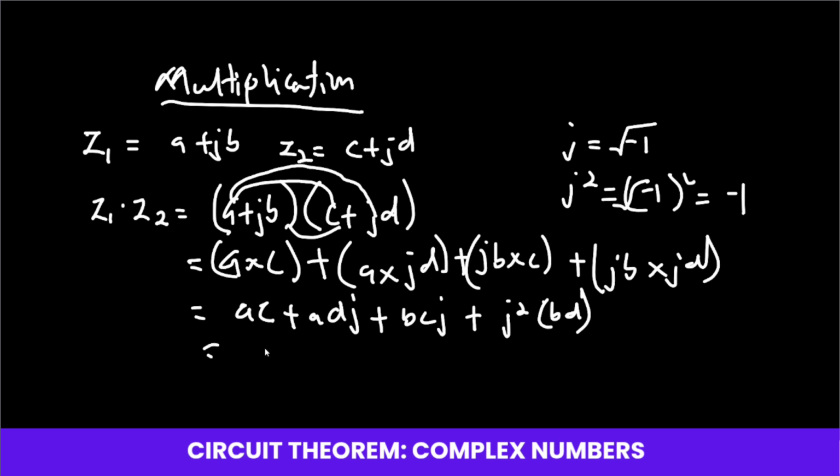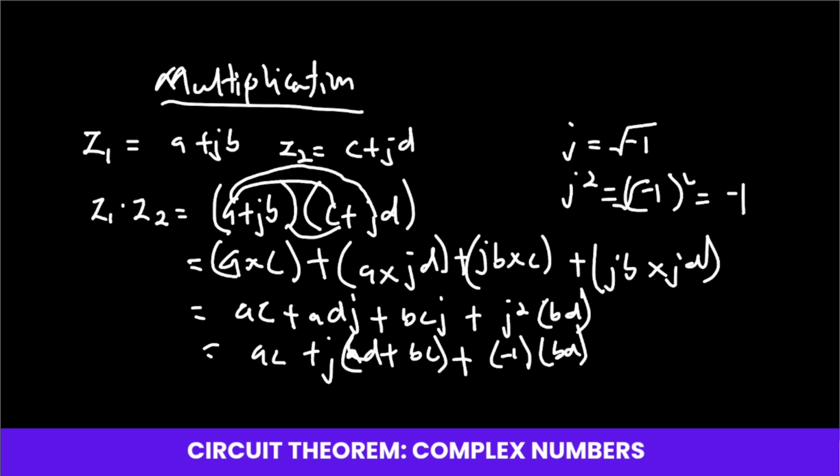Hence, we can rewrite our equation as ac, and with this, we can even take the j's out, where you have ad plus bc, in j, plus our j squared is -1, so -1 multiplying bd.